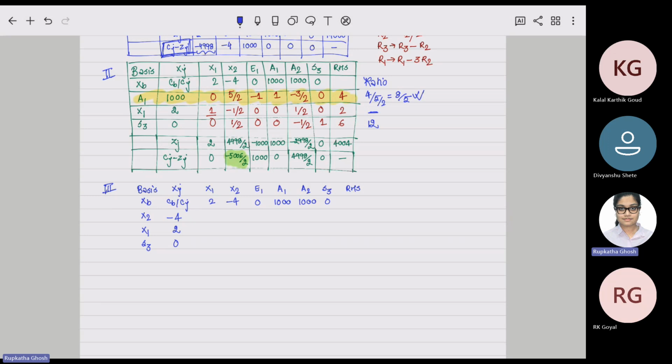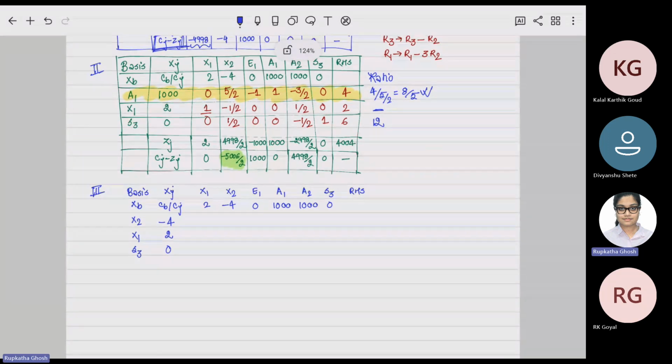So now what is happening here? You're basically trying to replicate X2 and A1, right? So X2 has to be 1 here. What will be the transformations? Here it is 5 by 2, right? So you can say R1 is R1 into 2 by 5.